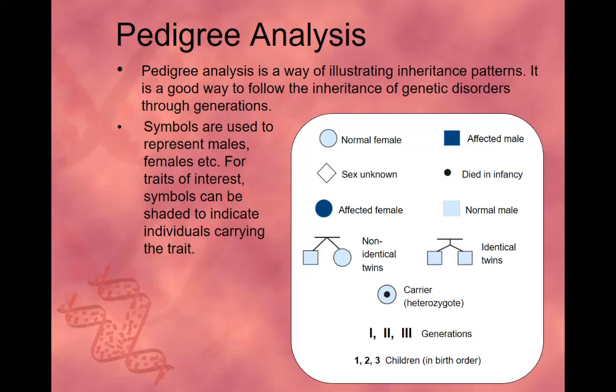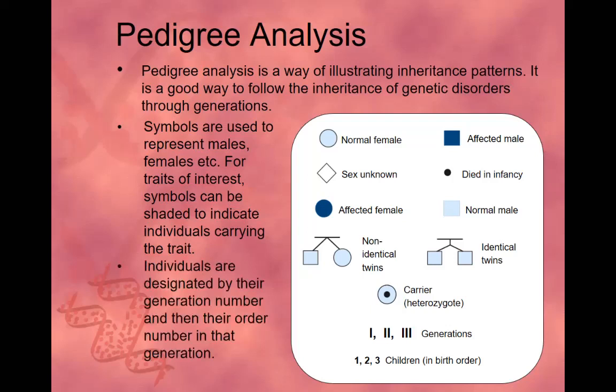Once we start going ahead and creating this, we then need to think about how we can signify inheritance. Now, when we start looking at what's known as a carrier, we're going to represent them either with a dot like this, or if I can draw this really quickly, I make a little circle and shade in half of it.